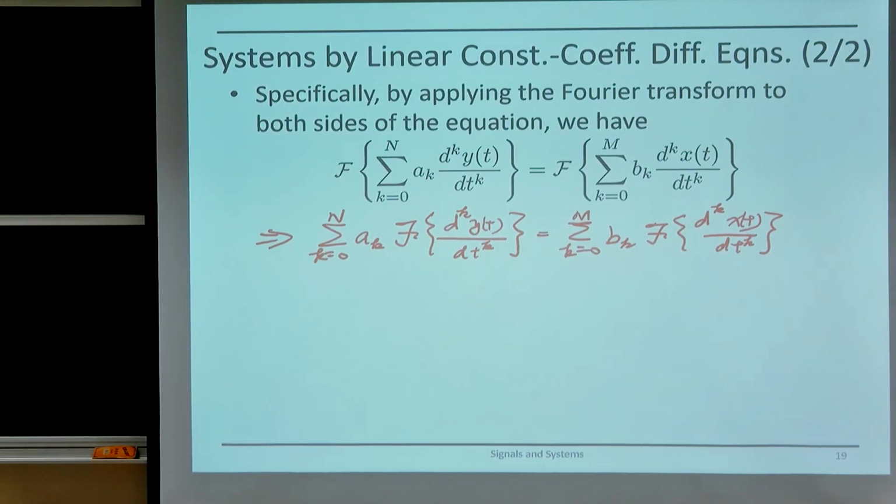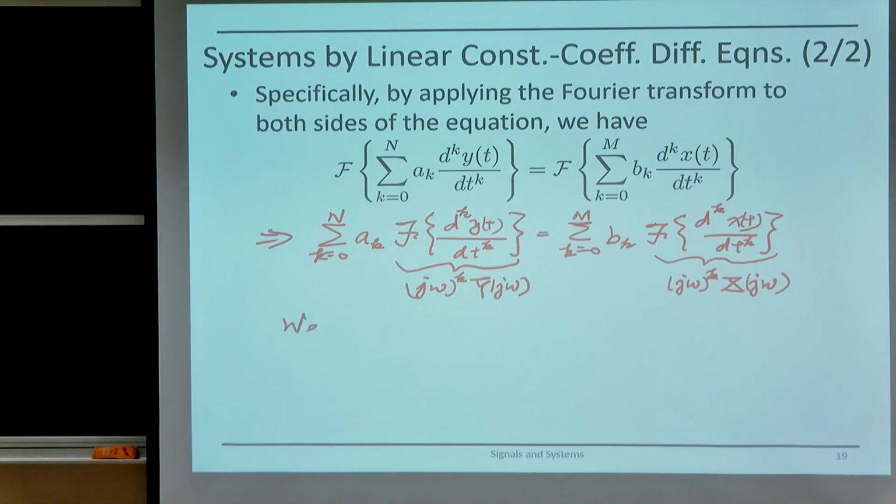So the Fourier transform of this would be equal to (j omega)^k times Y(j omega), and similarly, this is (j omega)^k times X(j omega). If you plug this inside, you then have a relationship between the input and the output spectrum.